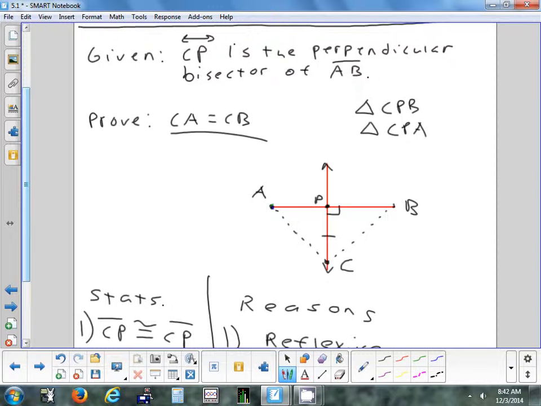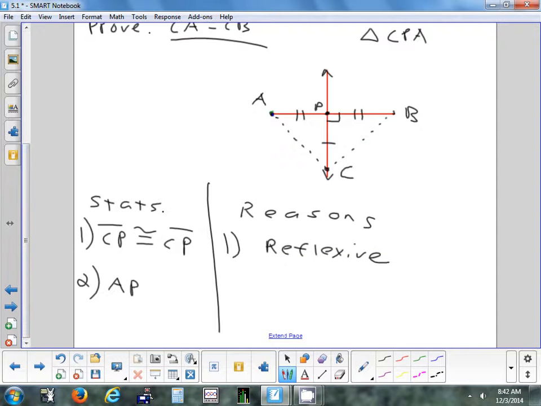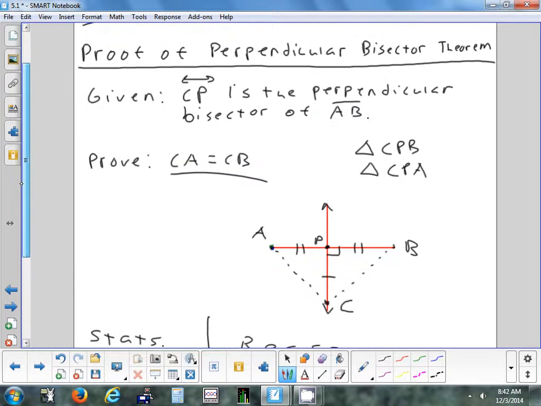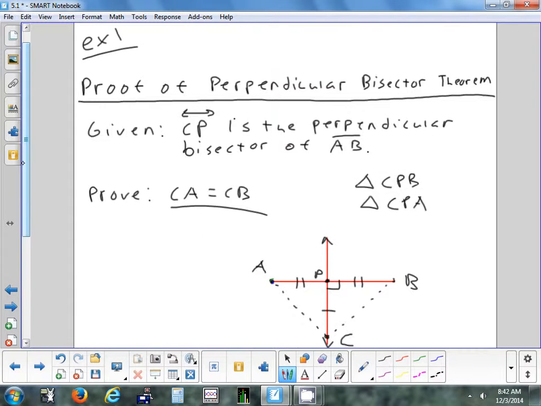The bisector part tells us that this is congruent to that. Okay? So AP and BP are congruent. What's the reason? Given. It's the bisector. Okay, that's up in the given.